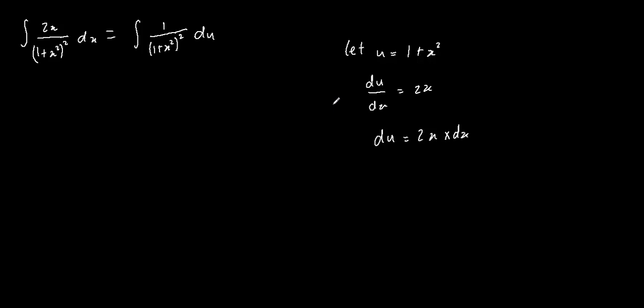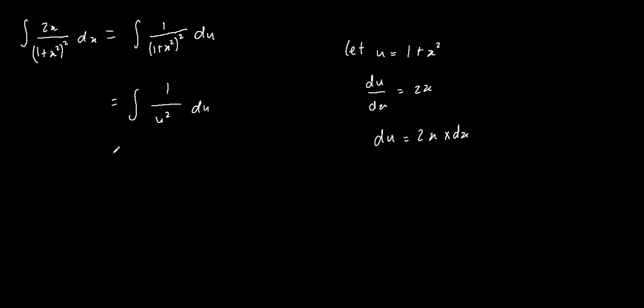Yeah? Now I have an x here and a u here. But we said that u is equal to 1 plus x squared, so I can substitute this in, and that's why it's called u substitution. The integral of 1 over u squared du.